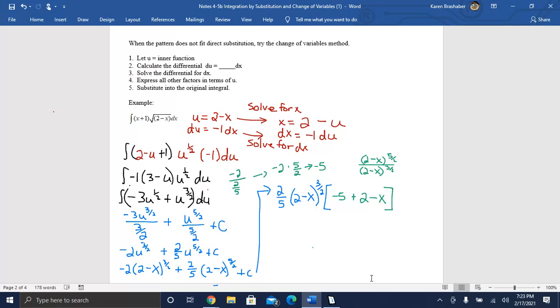Of course, I want to remember plus c. And so that brings me to my final answer of 2/5 times 2 minus x to the 3/2 power, and then I'd have negative 3 minus x plus c.